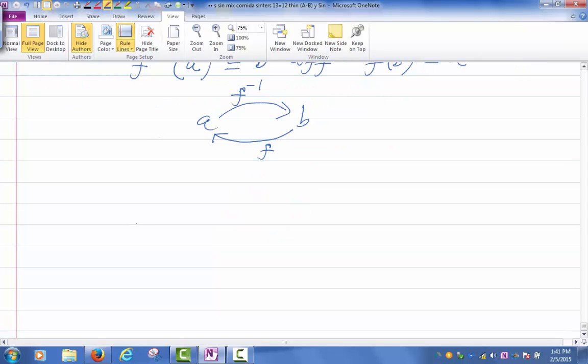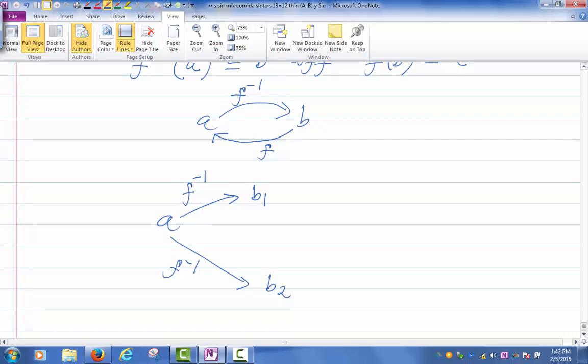So if I have, let's say, an input value a for f inverse, and let's say f inverse takes a to some number b1, and it also takes a to some number b2. So let's say I have f inverse taking a to b1, and also f inverse takes a to b2.